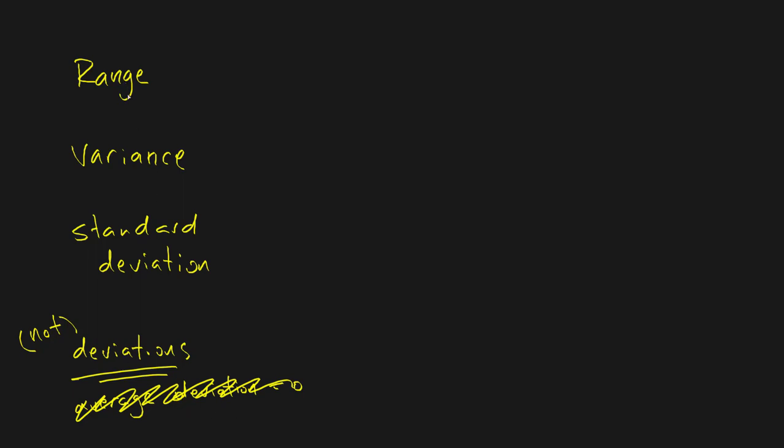So the range, the variance, and the standard deviation, those cannot be negative. It's very important. There are going to be times where you're doing calculations and you're probably going to make a mathematical mistake here and there, but one of the ways you can determine that you've done something wrong is if you get a negative result. These things, range, variance, and standard deviation, measure how much variation there is.